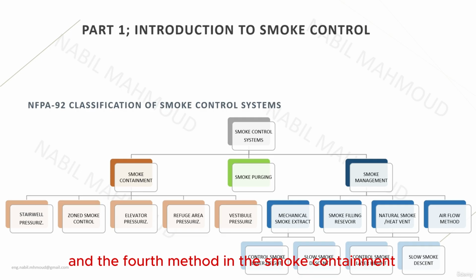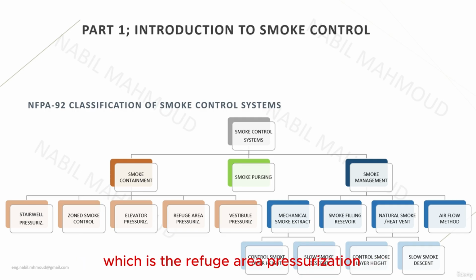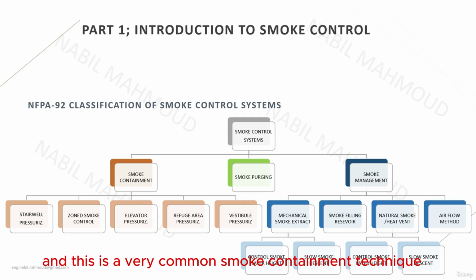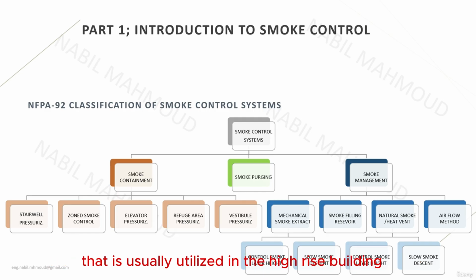And the fourth method in smoke containment is the refuge area pressurization. And this is a very common smoke containment technique that is usually utilized in high-rise buildings to provide a smoke-free or pressurized area, or a safety protection area, for the occupants on the high floors. Let's say, for example, that the fire happened in the middle of a high-rise tower, so the occupants at the top floors will escape through the stairs downward until they reach the exit from the building.